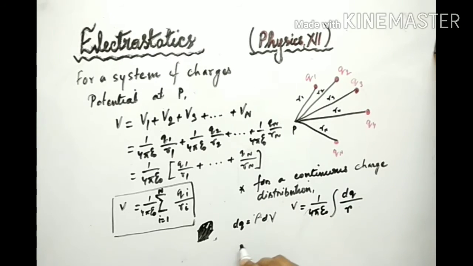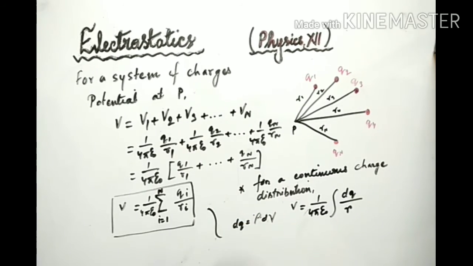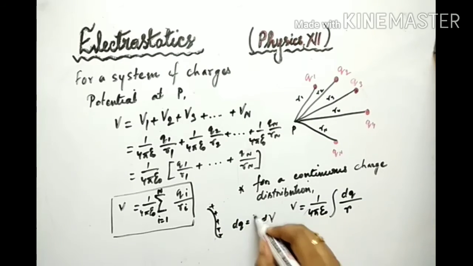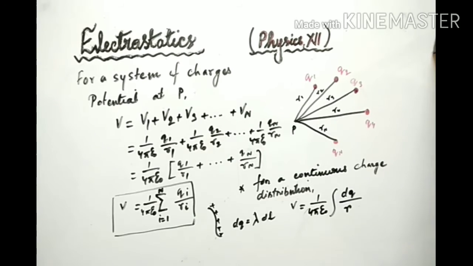And in case of line distribution of charges, we can write it as lambda dl. So in this way we can represent a continuous charge distribution.